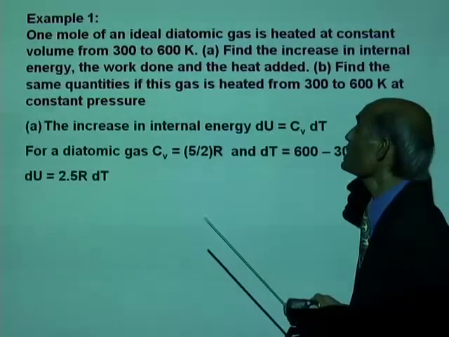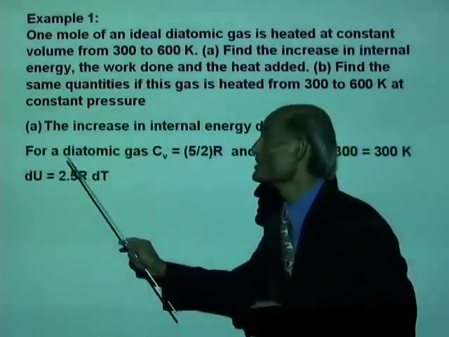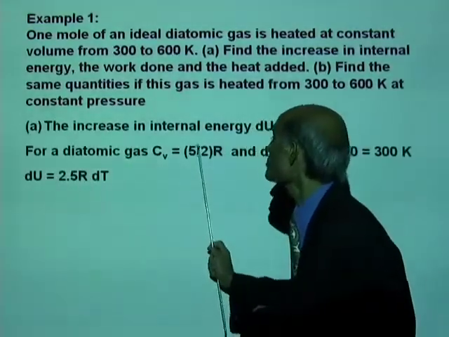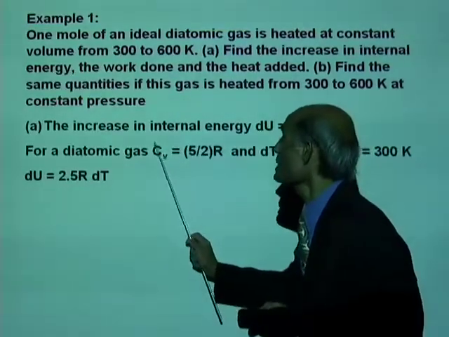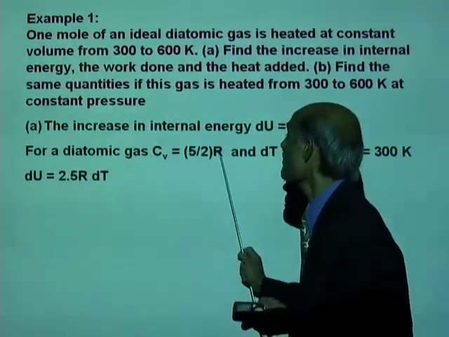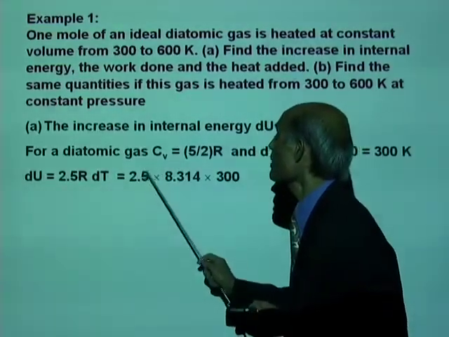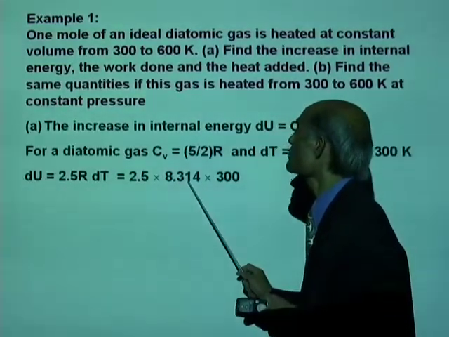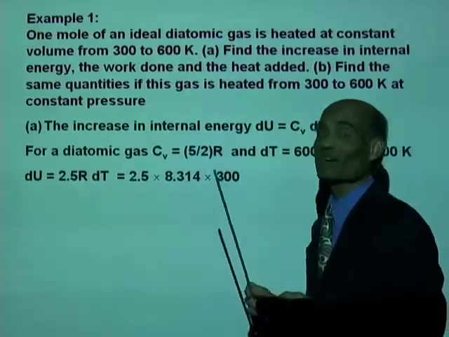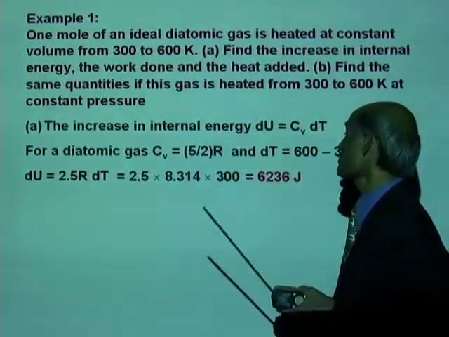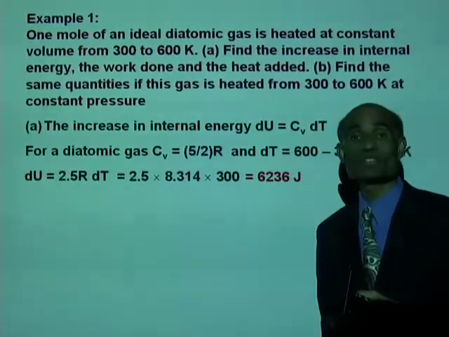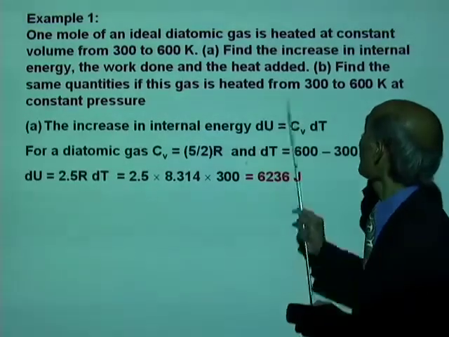So what is the increase in internal energy? dU equals 2.5R, CV is 2.5R, times dT. That will be 2.5 times 8.314 times 300, and that is 6,236 joules.